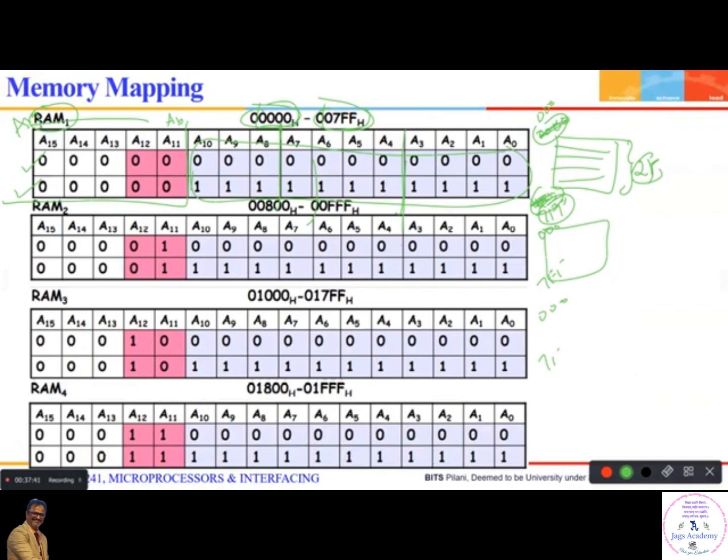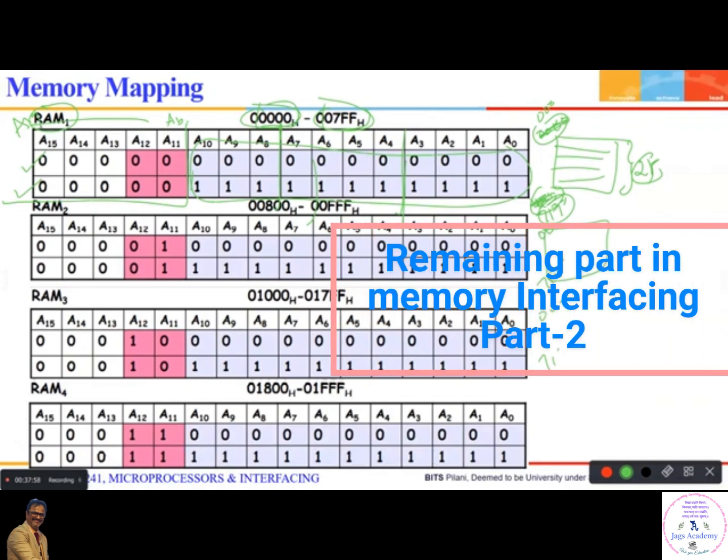Can you tell me which three address lines are unique to RAM 1, RAM 2 and RAM 3? Unique means unique to the particular RAM. A11, A12? Yes, very good. You are catching. Good.